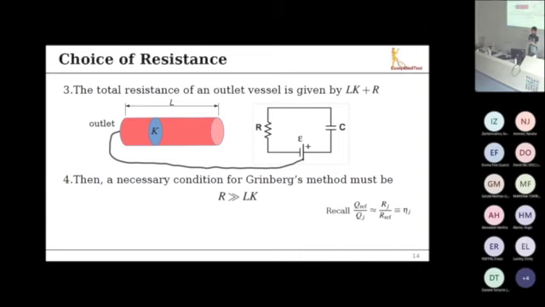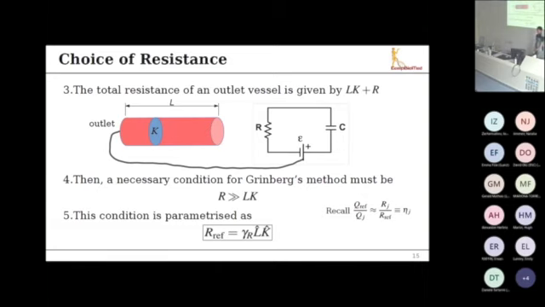So the total resistance of this system is given by the sum Lk plus R. In Greenberg's relation, there's no dependence on this product Lk. This suggests that a necessary condition for Greenberg's strategy to hold must be that the resistance dominates the product Lk.